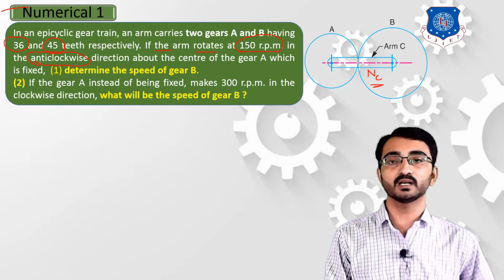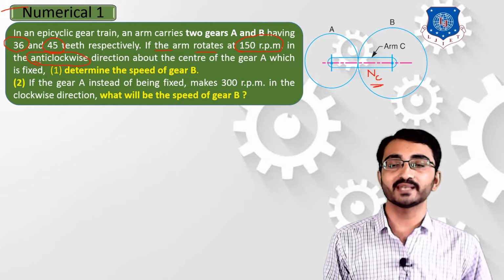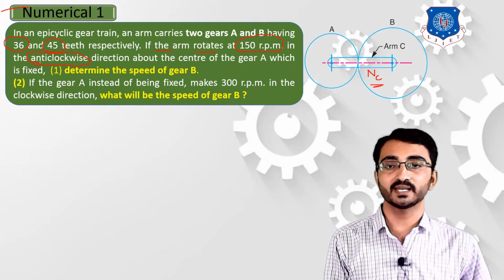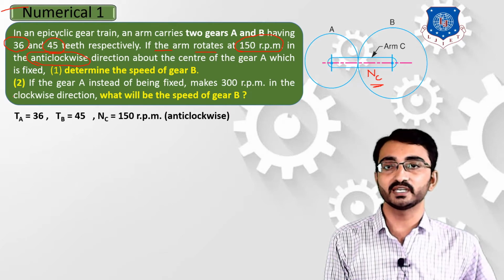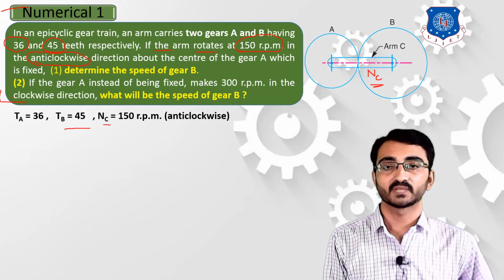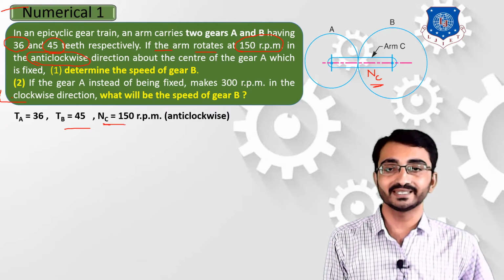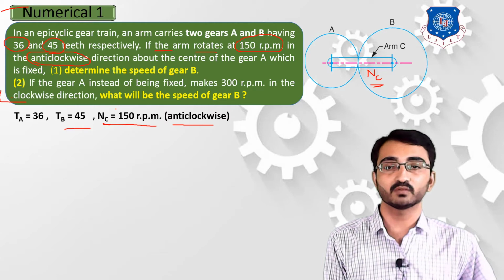In this chapter we will always consider anti-clockwise as positive. So we can simplify this data: number of teeth on gear A is 36, number of teeth on gear B is 45 and speed of arm C, NC, is equal to plus 150 RPM anti-clockwise. That's why we have considered positive sign over here.